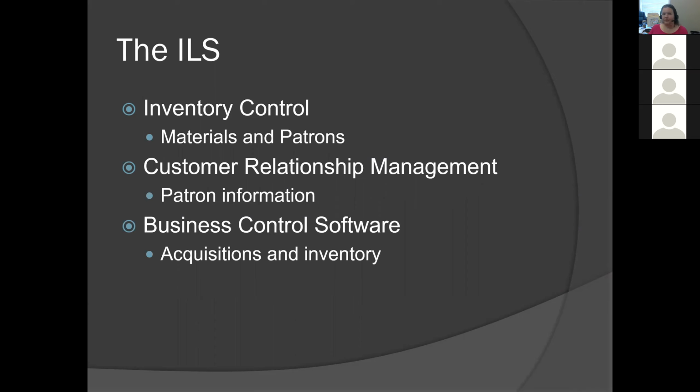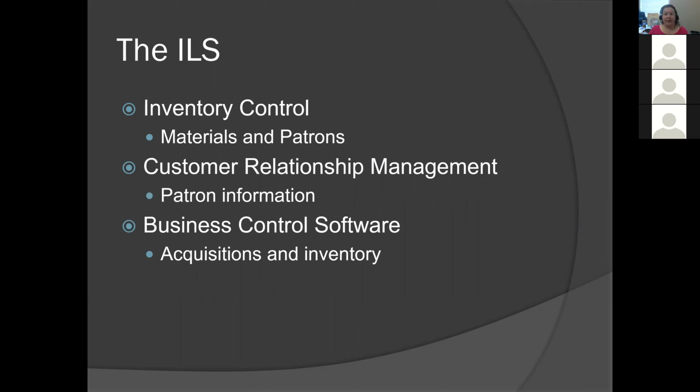So hopping right in, the ILS is basically inventory control of your materials and your patrons as well. You don't usually consider patrons as inventory, but it does help you keep track of what you have, what you own, and who has it.